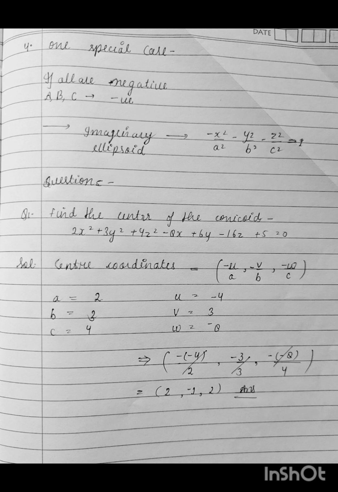From the equation we find that a is equal to 2, b is equal to 3 and c is equal to 4. From the equation we also find u is equal to minus 4, v is equal to 3 and w is equal to minus 8. How do we find these values?